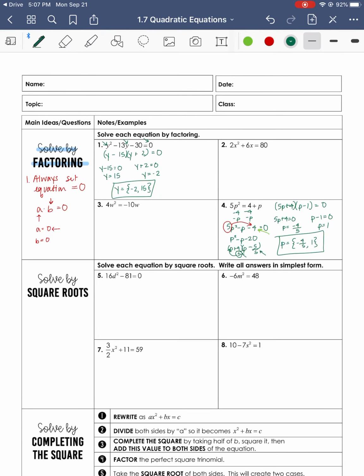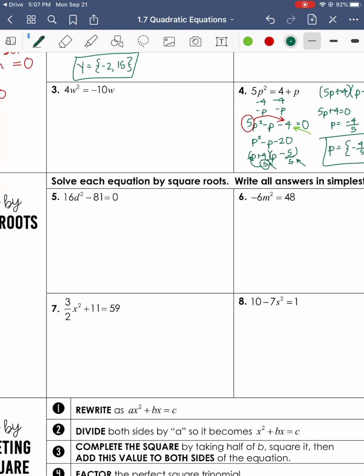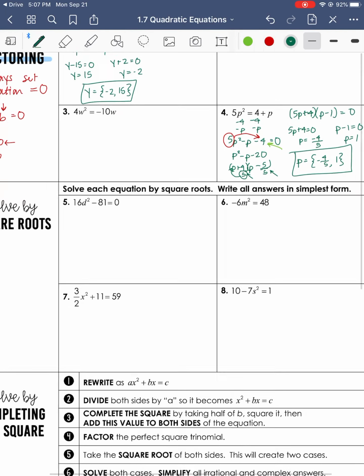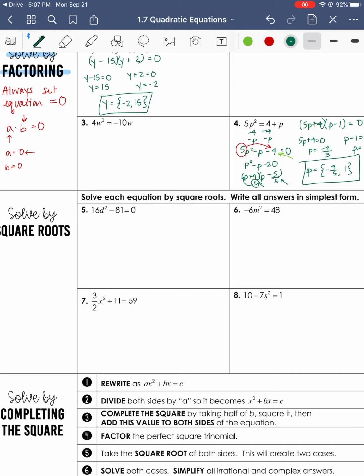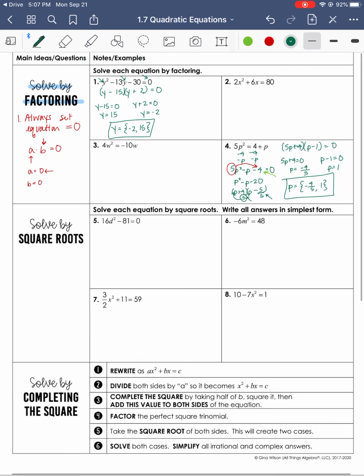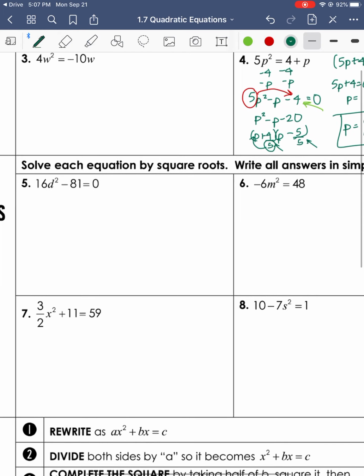Let's look at solve by square roots. So the square roots you're going to be able to do if you have perfect squares. So this will probably look like a difference of squares, or you can also do it if you have two squares being added to each other.